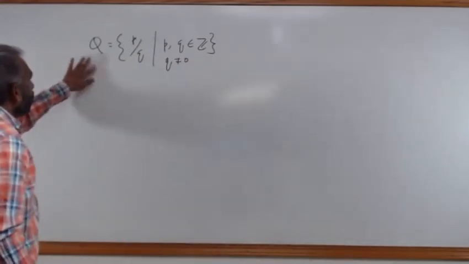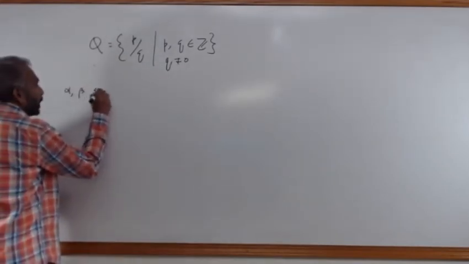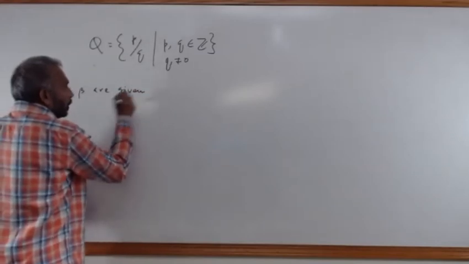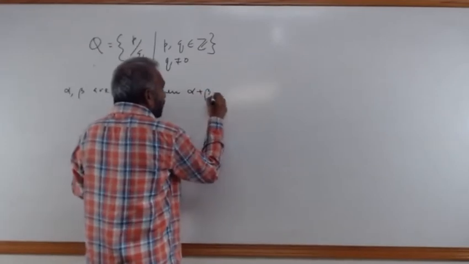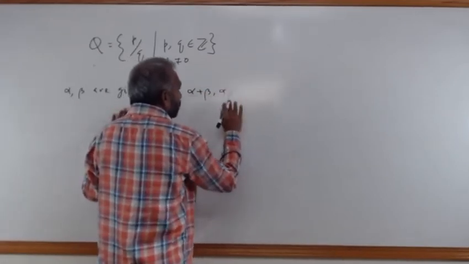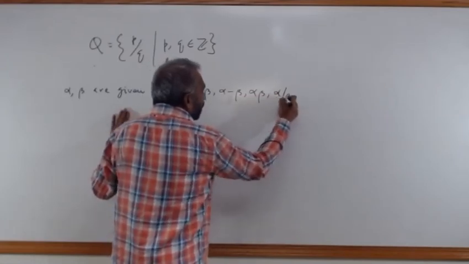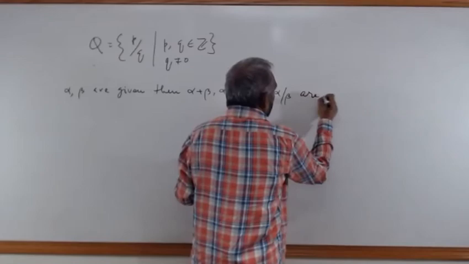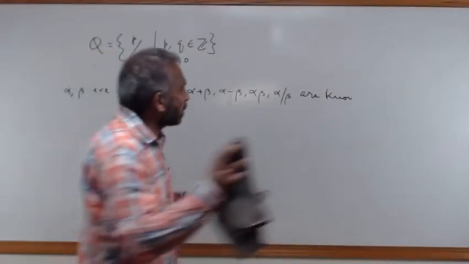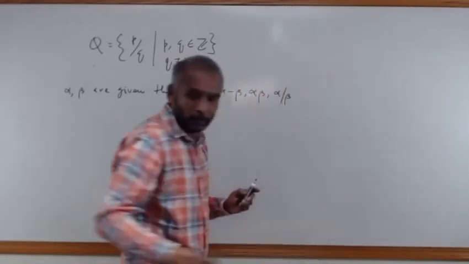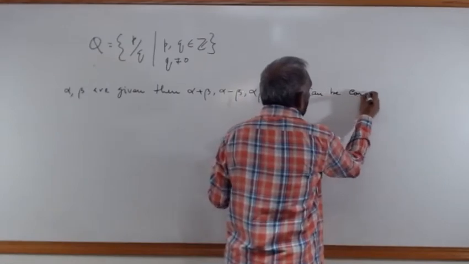And we know that if alpha, beta are given, then alpha plus beta, alpha minus beta, alpha beta, and alpha by beta are known or can be constructed.